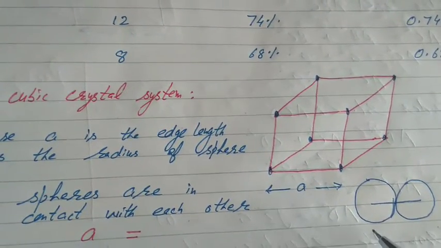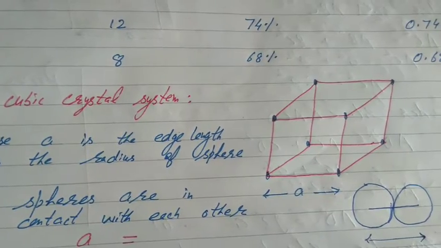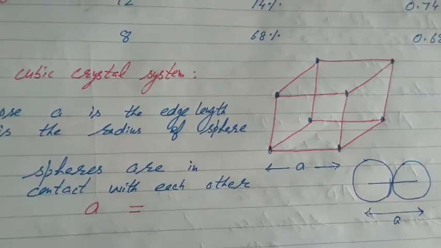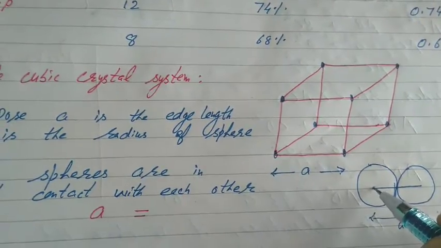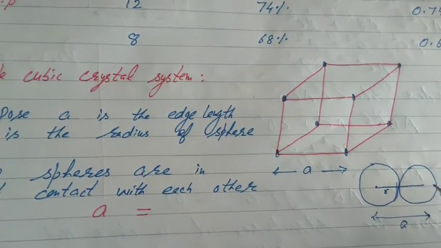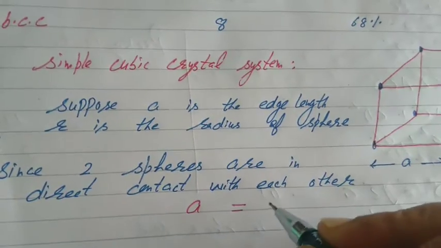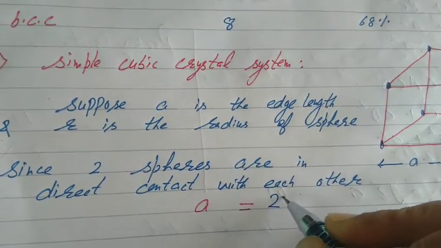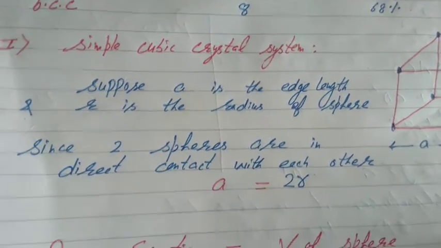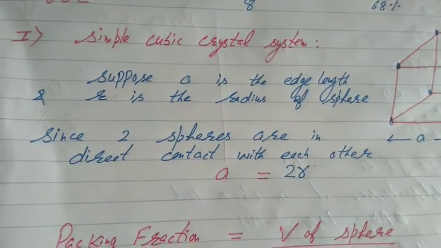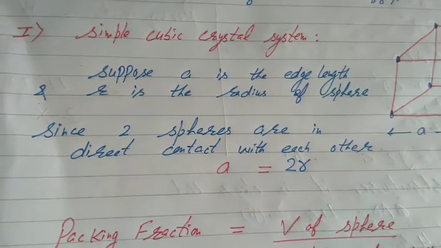At first we mentioned this edge length as a. Is it clear? a is equal to 2r. Students, in simple cubic system we directly find a, that is equal to 2r.